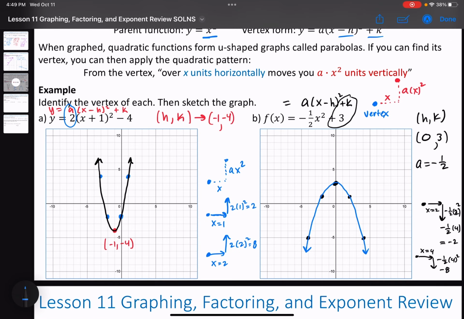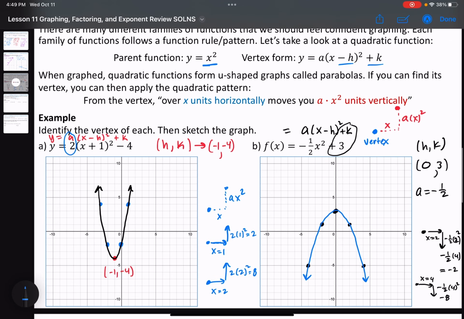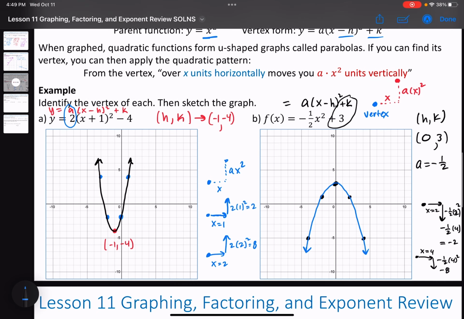All right, so just to recap, if you can find the vertex using vertex form, you know where to start your graph. And the pattern for parabolas is always going to go over x units horizontally, which is going to move you up or down vertically a times x squared. You'll see this on the homework. If you can pick one point on either side, it's going to give you a smooth curve.